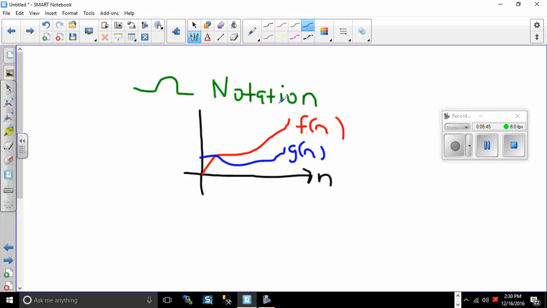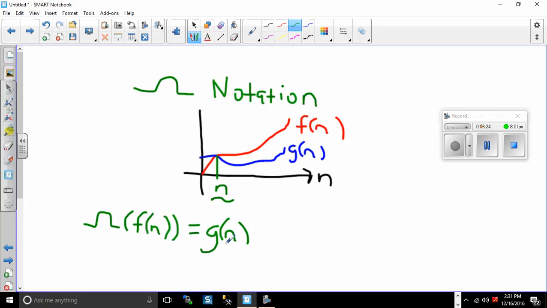And notice that there's a threshold value of n. So for all possible values of n bigger than this particular threshold right here, we note that f of n is bigger than g of n. So in this case, we say that the omega of f of n is equal to g of n.